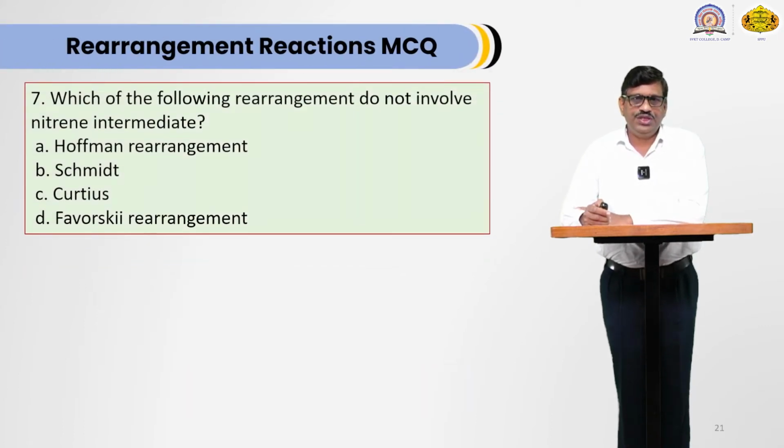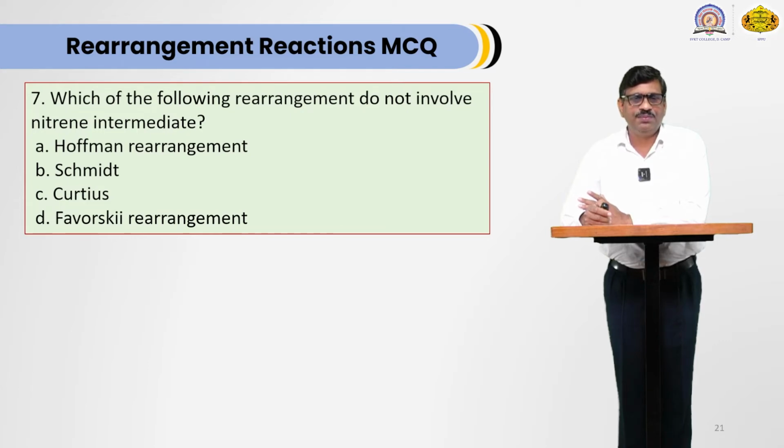Question number 7. Which of the following rearrangements does not involve nitrene intermediate? Now let's see. In Hofmann rearrangement, the starting compound contains nitrogen because it is an amide. In Schmidt also, it contains nitrogen. In Curtius also, acyl azide is the starting compound and it also contains nitrogen.